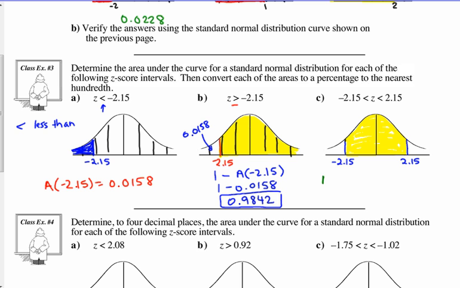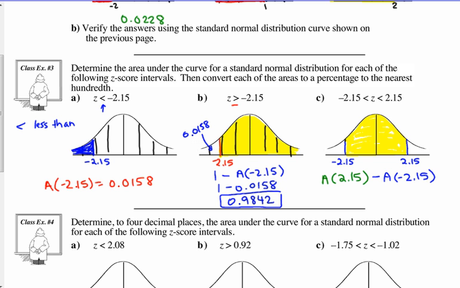Well, we'd have to find the area under the larger, so all the way to the left, all of this, right? And take away this small area to the left of the smaller. So the larger minus the smaller. So area under 2.15 minus the area under negative 2.15.